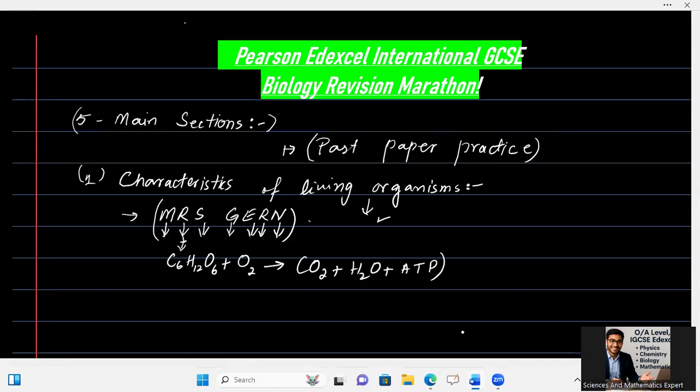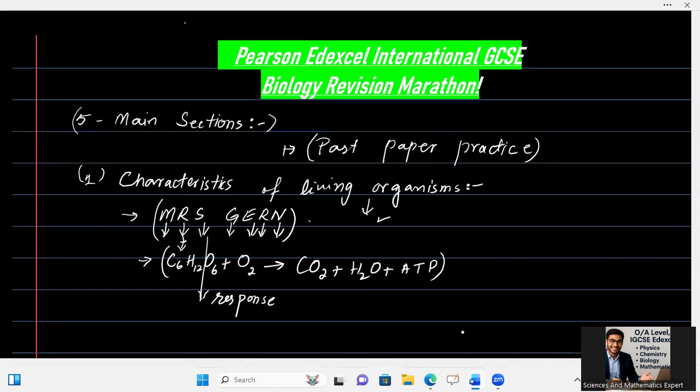This process is called respiration. Don't mix up respiration with the breathing process. Sensitivity is the ability to detect and respond to changes in the environment, like hot or cold.